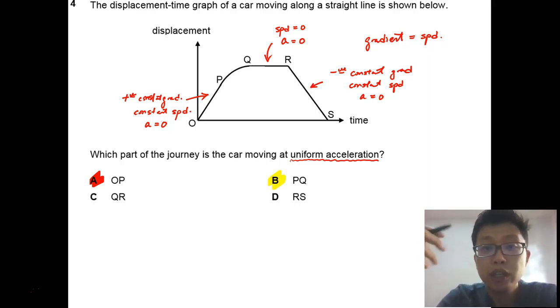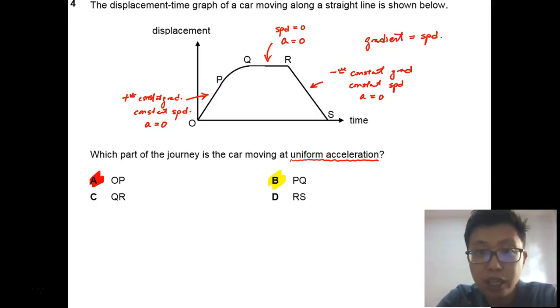So if you, in your mind, argue that a equals to 0 should be considered as uniform acceleration, then my question to you is, if that is true, then you would have 3 answers, OP, QR, and RS. All 3 of them would have uniform acceleration if you accept a equals to 0, non-changing with time, as uniform acceleration.